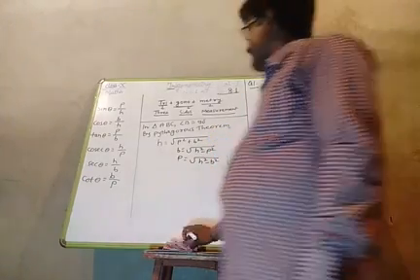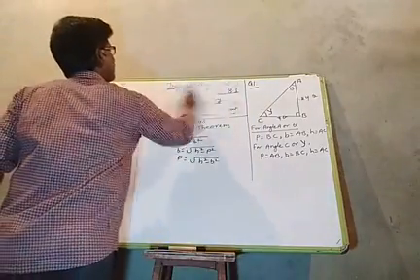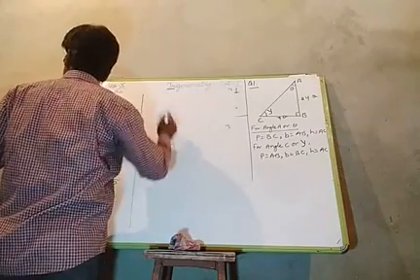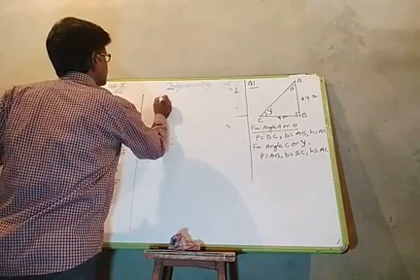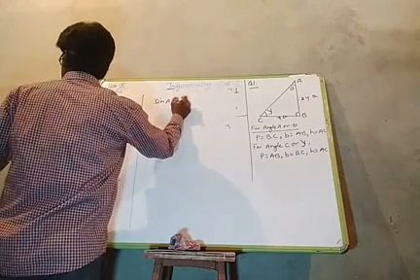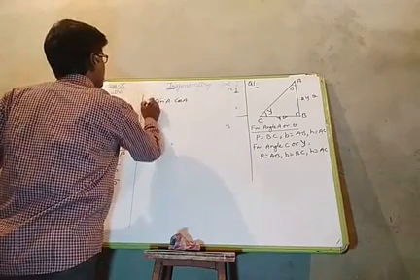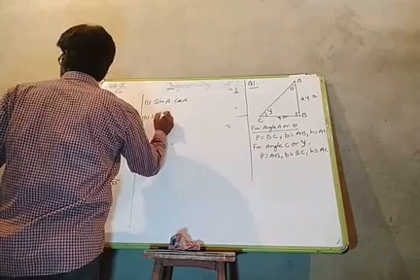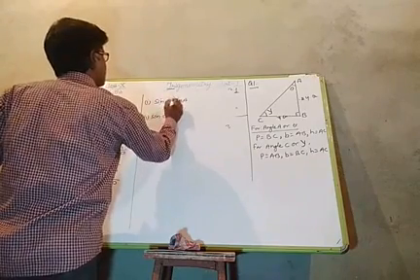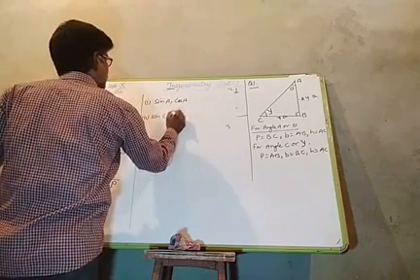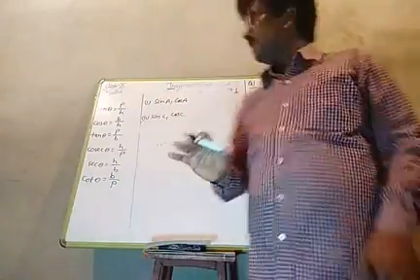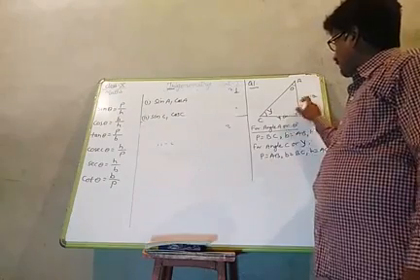Determine sin A and cos A. Next question is sin C and cos C. We have to determine. So first thing, in this triangle only 2 sides are given.